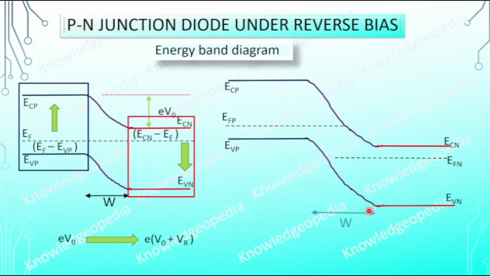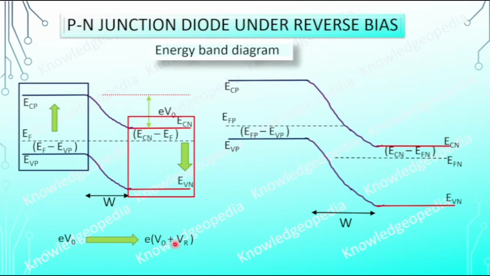Now this is the junction with width W, and this value is equal to EFP minus EVP. Here it is ECN minus EFN. From here you can see the relative displacement between the bands is equal to eVR. Earlier it was eV0. Now it is eV0 plus eVR.